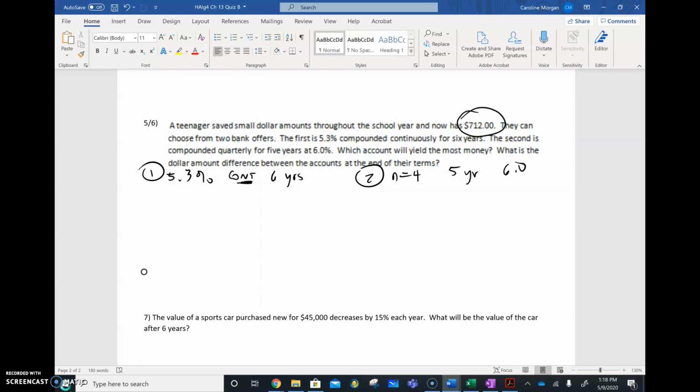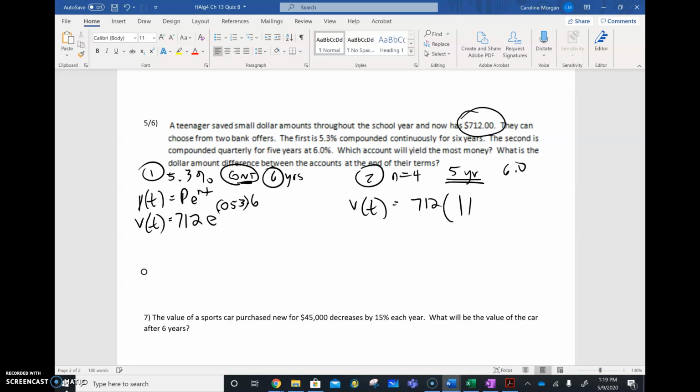All right, well, the continuous uses the PERT equation. The value of the account is P e to the rt. So 712 e to the rate 0.053 times t. That's the value of this account. Now this second account is only 5 years, not 6, and it uses the equation where we compound more than once.